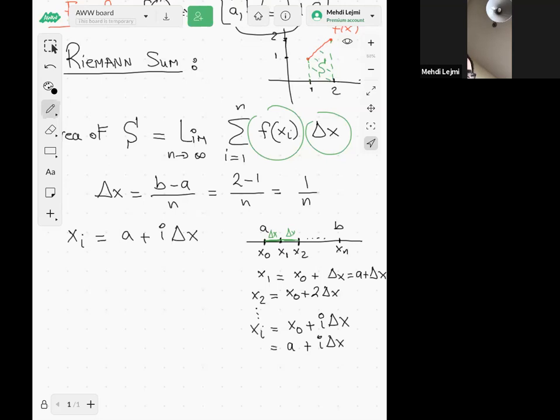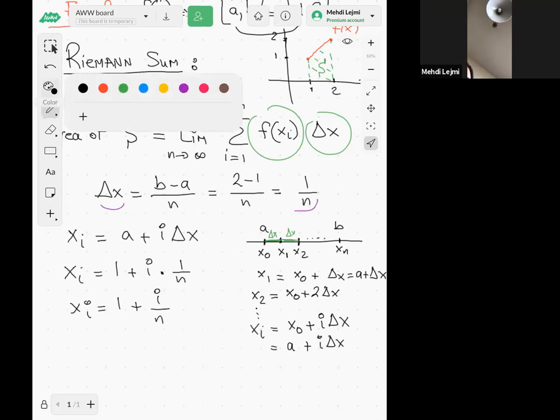We know a is 1 in our example, plus i, and then delta x is just 1 over n. So it's i times 1 over n. So my xi is just 1 plus i over n. That's the formula for xi.